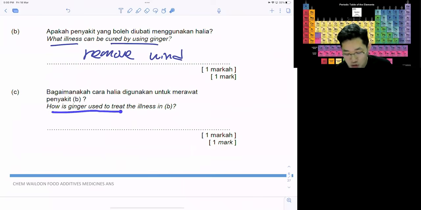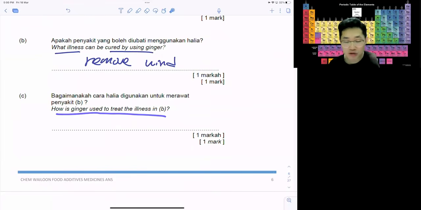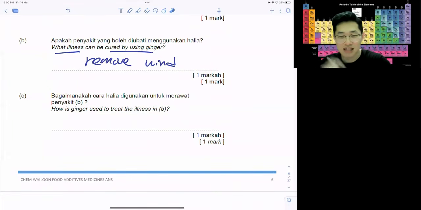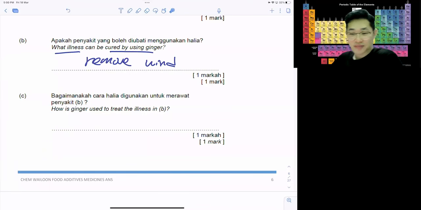How is ginger used to treat the illness? Okay, how do you think, all this traditional medicine. Now you want to remove wind. Yes, correct, Yashin. Boil the ginger and then drink ginger water, correct. Nobody eats the ginger like that.